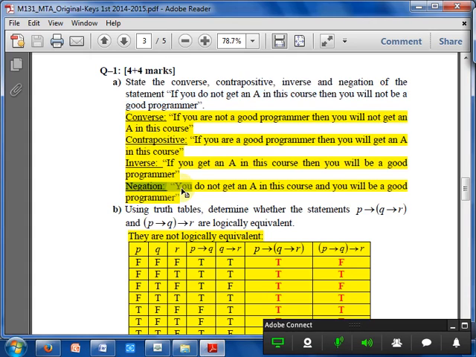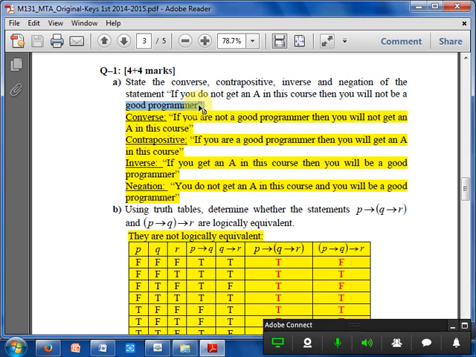Then negation is just the opposite, the not of this. What is the statement? If you do not get an A, then you are not a good programmer. This is the statement. No, it's not wrong.